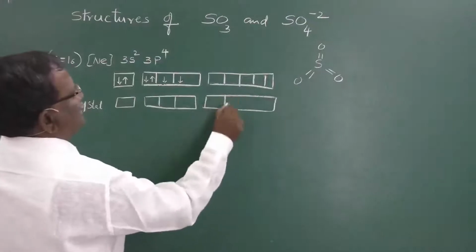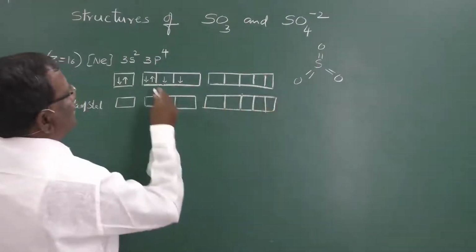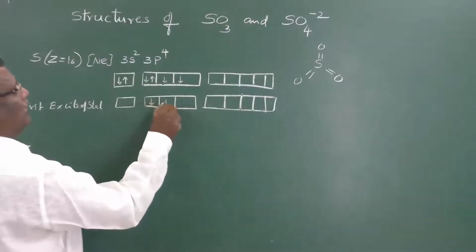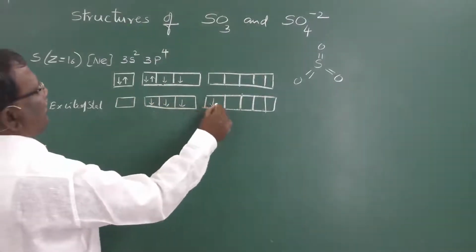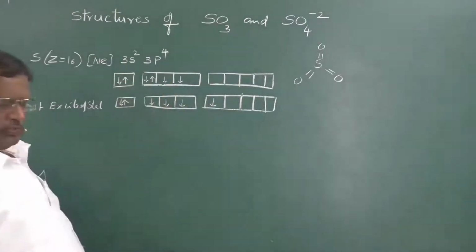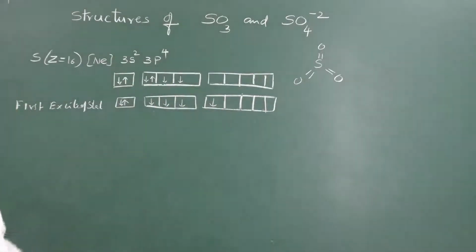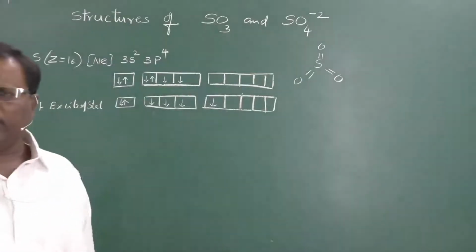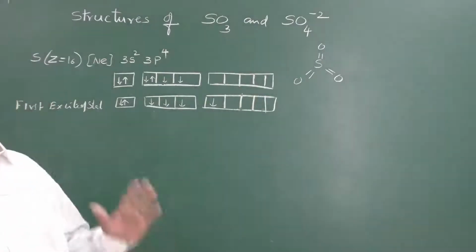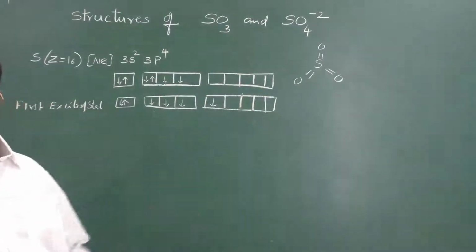That means the electron which is paired in the p orbital will enter the d orbital, so that now we have 4 unpaired electrons. Now, this also is not sufficient to form 6 bonds. So, it requires another excitation.